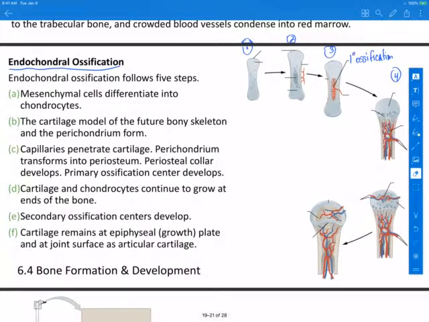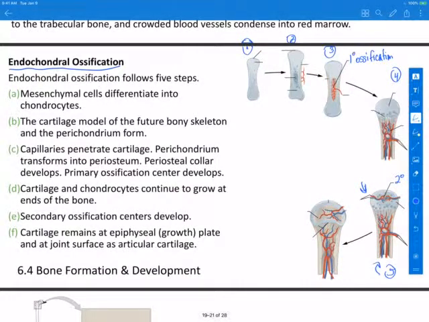Okay, so if we move to step 5, what you can see in step 5, which would be in this picture here, you can see that we are developing secondary ossification centers. So this would be a secondary ossification center. We have an artery and a vein penetrating the epiphysis.